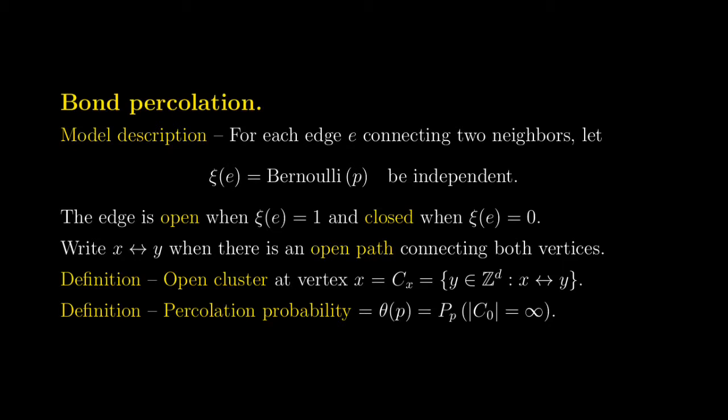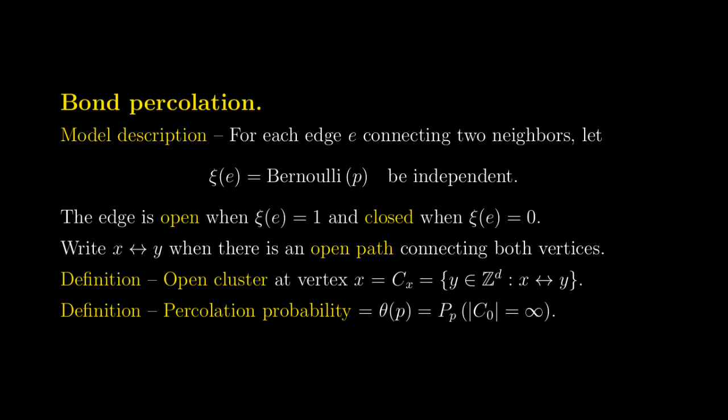Then, by definition, what do we mean by open cluster starting at a vertex x? Well, that's going to be exactly all the vertices that are connected to x by an open path. So, rigorously, we call that C(x). That's the set of vertices y such that x ↔ y.